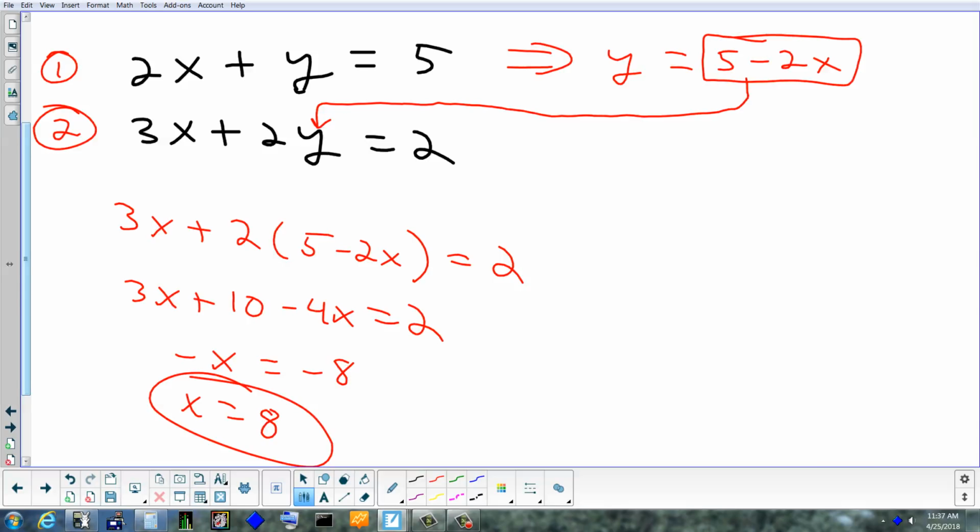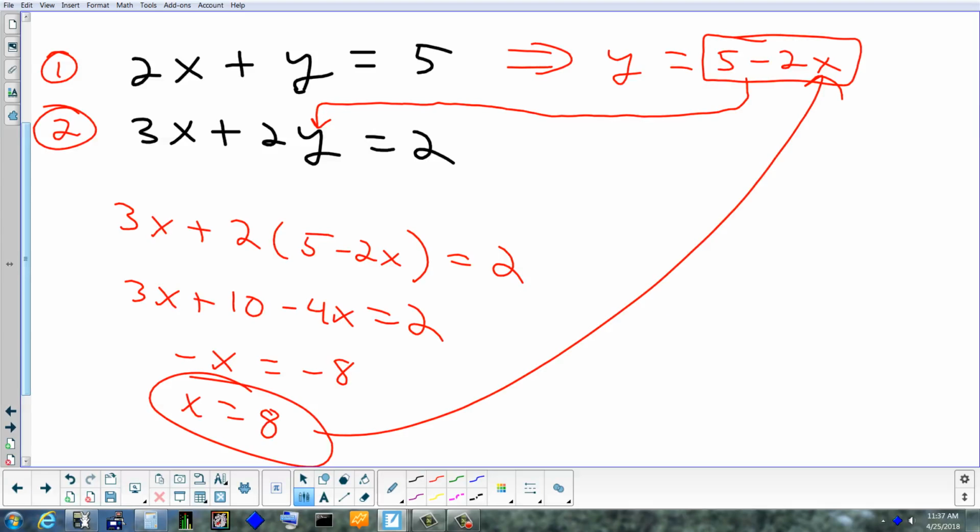Anyone think there's anything else that's even easier to plug into there? The one you wrote in red. Yeah, the one I wrote in red because y is already by itself. So y is 5 minus 2x. Oh, that one in red. I thought you meant the other one. Yeah. But if you did the one in black, that's fine too.